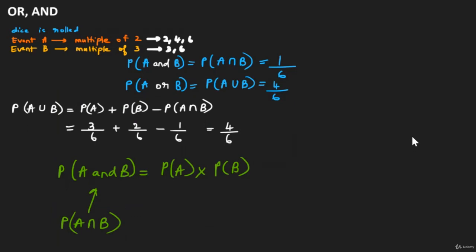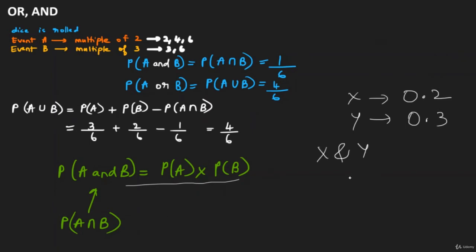Let's discuss quickly one more example where this is applicable. Say you have 2 people X and Y, and they are trying to shoot at a target. The probability that X will hit the target is 0.2, and the probability that Y will hit the target is 0.3. Now the probability that X and Y will hit the target will be 0.2 into 0.3 as per what we have seen over here, and that will be 0.06.